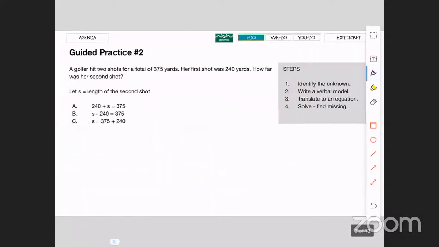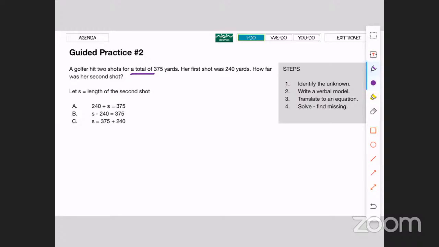And for question number two, we're going to follow the same steps. First, we need to identify what is not known, the unknown thing. A golfer hit 2 shots for a total of 375 yards. Okay. Whenever you see a term that says total of, that would be equal to 375.